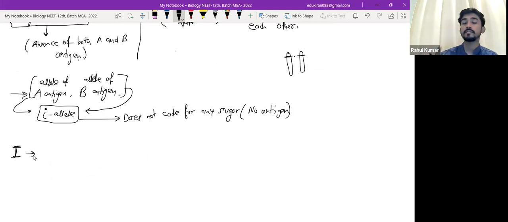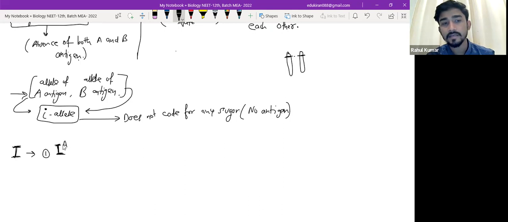First, the allele for antigen A, which is also in NCERT regarded as IA. In the beginning, who was reading it as IA? Was it Madhya or Mamuna or Minashi? Someone said IA, IB, right?